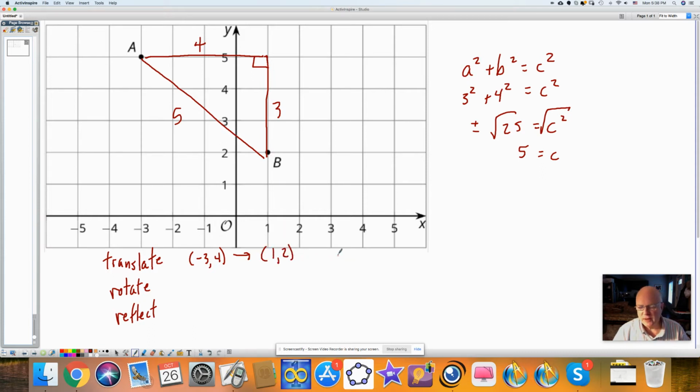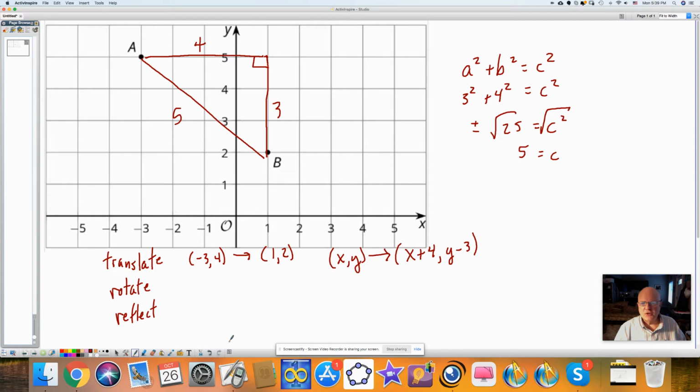And another way of writing this is, if I start at an xy coordinate, I'm going to translate using an arrow here to the x value plus 4 and the y value minus 3. That's another way of writing this.